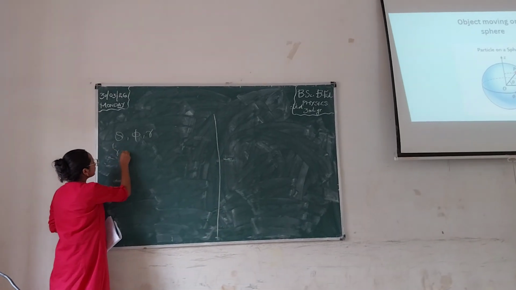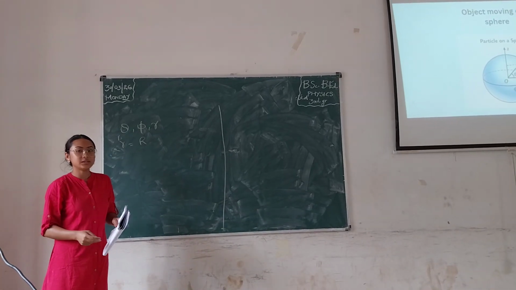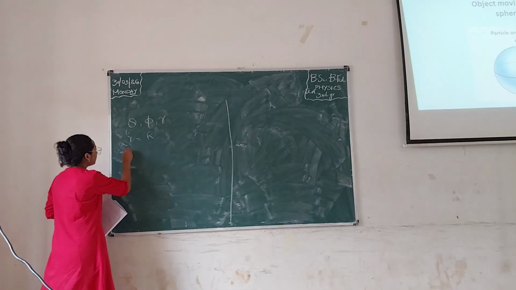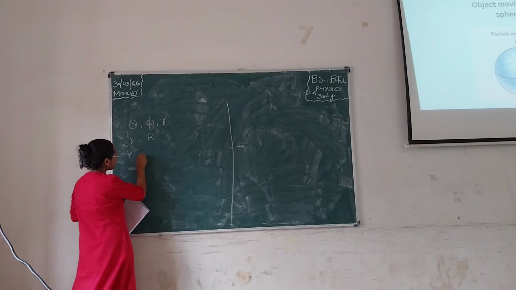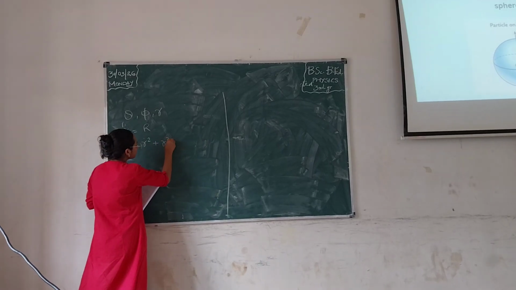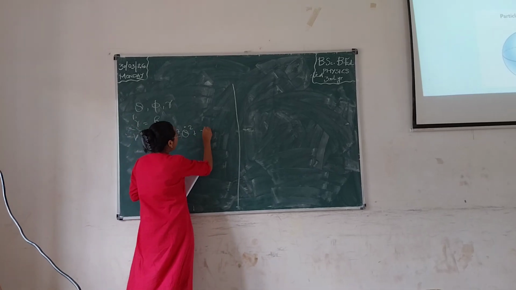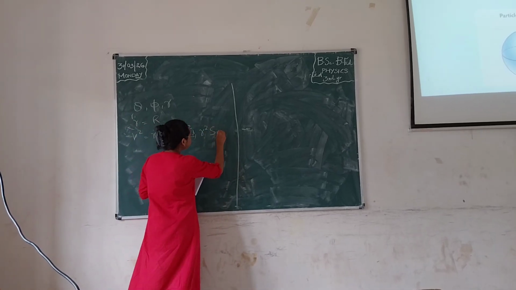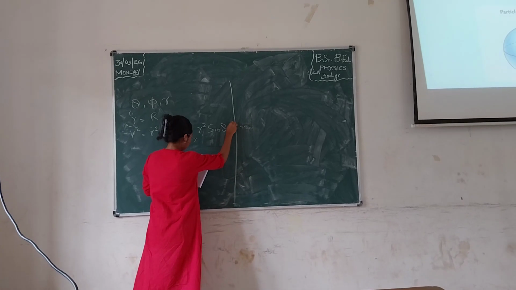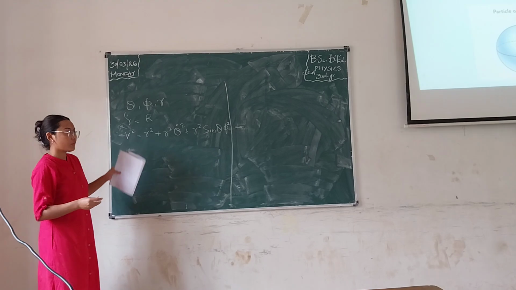Here the position r is equal to capital R. So the velocity in generalized coordinates, the velocity squared is v squared is equal to r dot square plus r square theta dot square plus r square sin square theta phi dot square. Since the particle is stuck on the surface, r dot square will be 0.